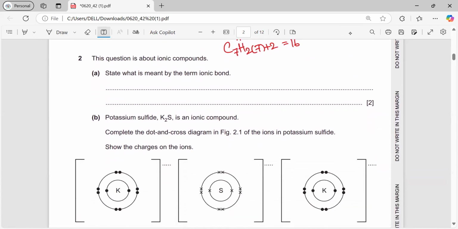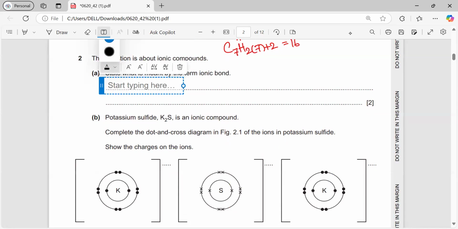Next question is about ionic compounds. State what is meant by the term ionic compound. So what is an ionic compound? An ionic compound has a strong force of attraction between the oppositely charged ions.